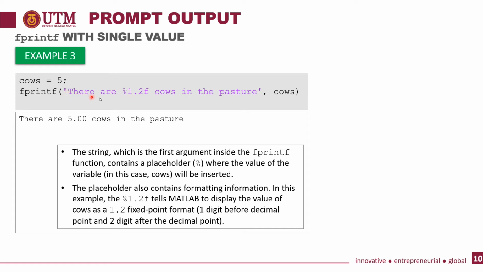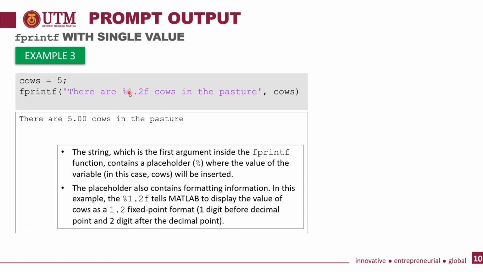So this is the placeholder, where you want to show the value of cows. So you need to put a percentage here as a placeholder, and then 1, which is the field width, dot 2, which is 2 decimal places, and f is the type, floating numbers, and then cows in the pasture.